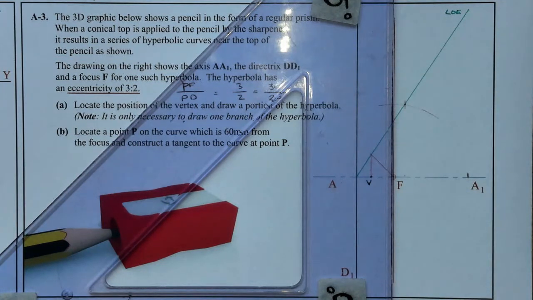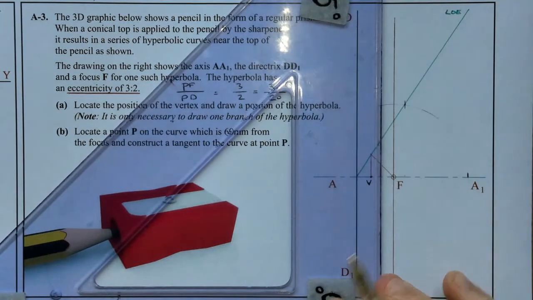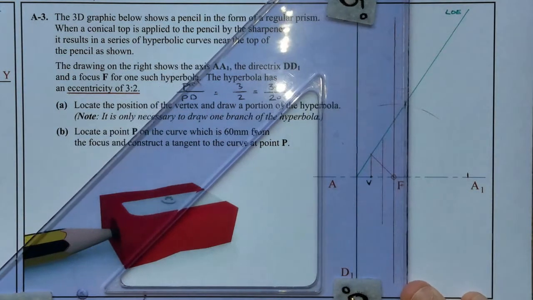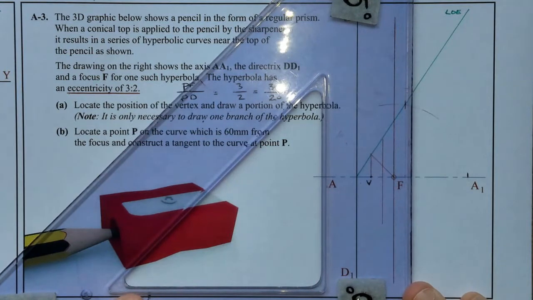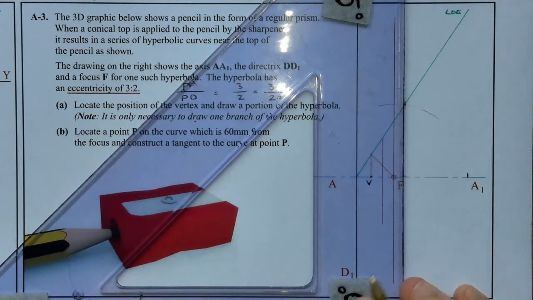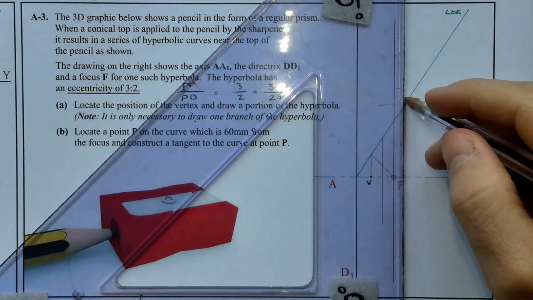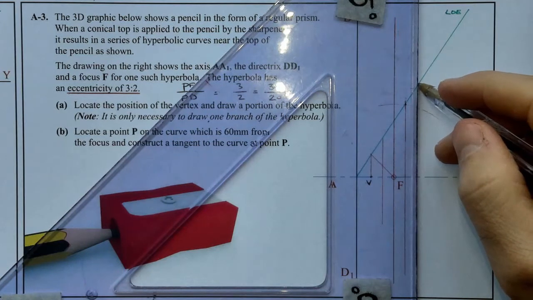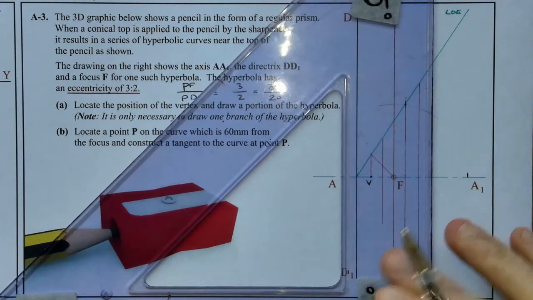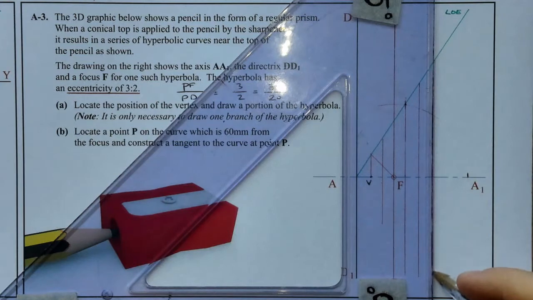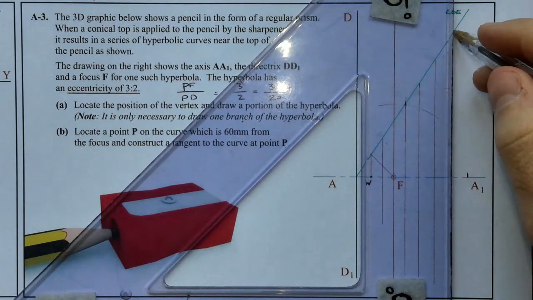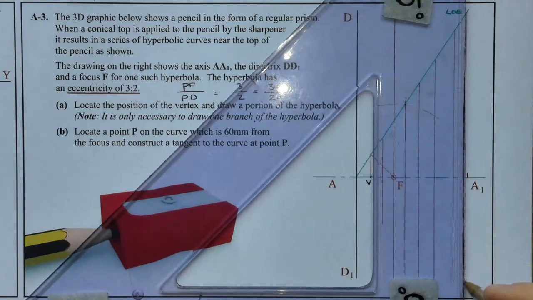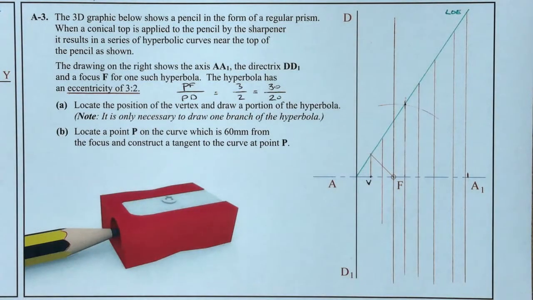With my focal line done, what I'm going to do now is a series of lines here to help me determine points. Do one more. Okay, doesn't really matter how many you do and how spaced they are.